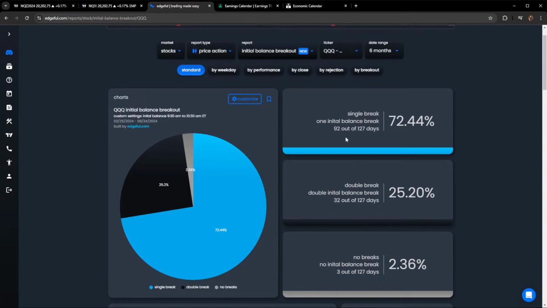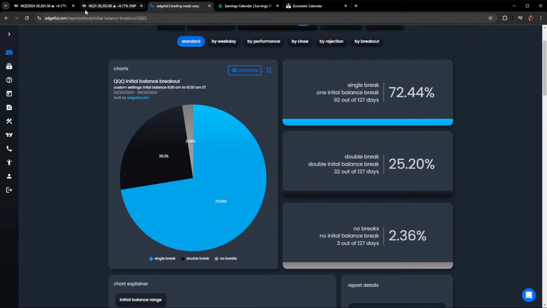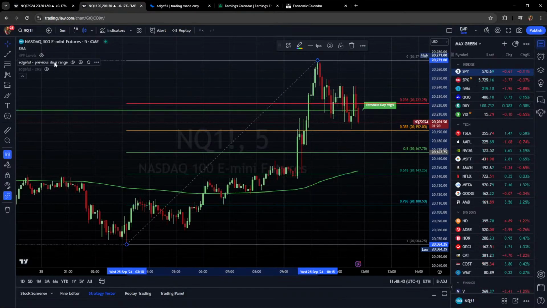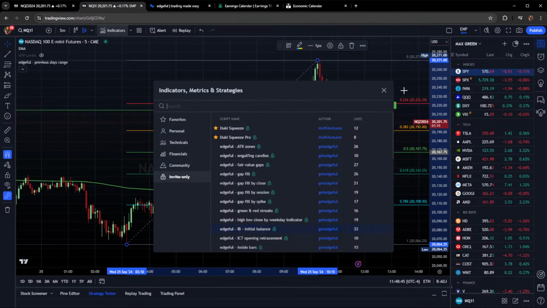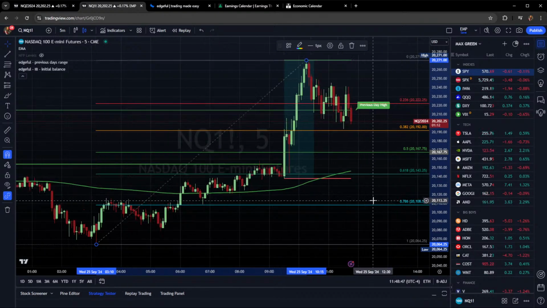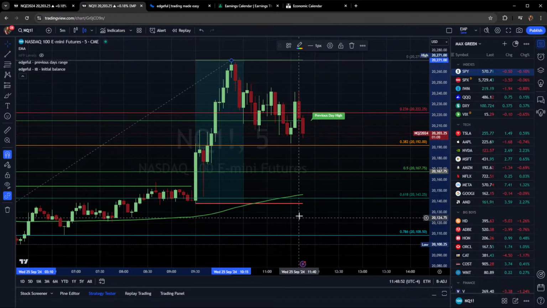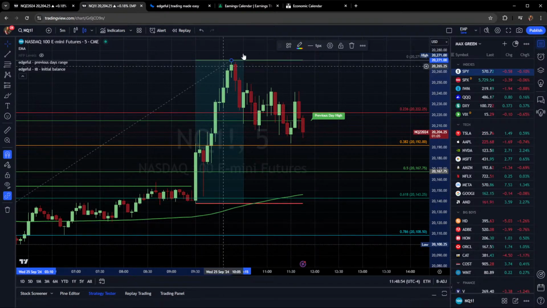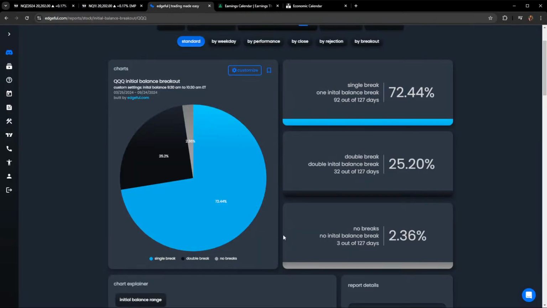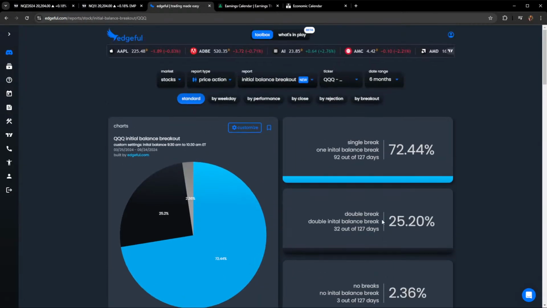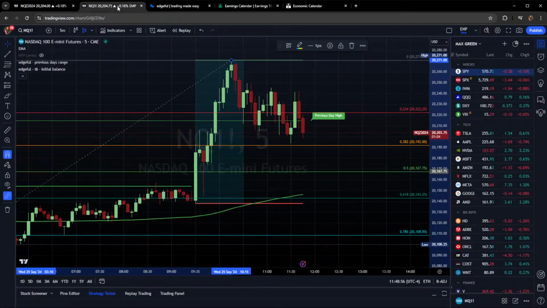Started to look at this. We usually don't break both sides of the IB. Let's look at that. Oh, we broke. Oh, well, no. So, oh, this is on QQQ though. Let's go to QQQ.